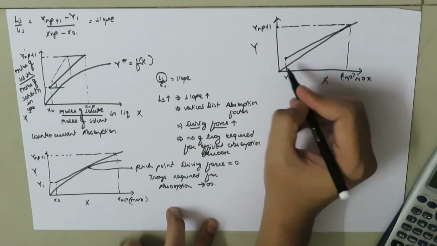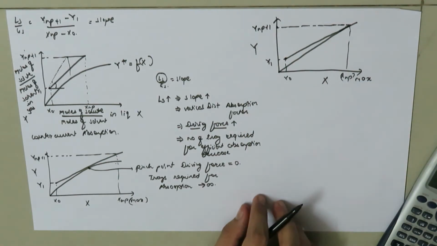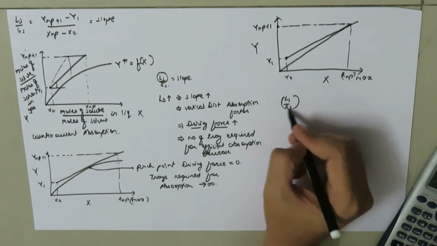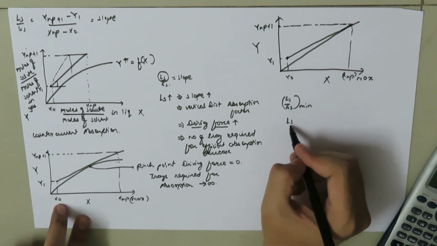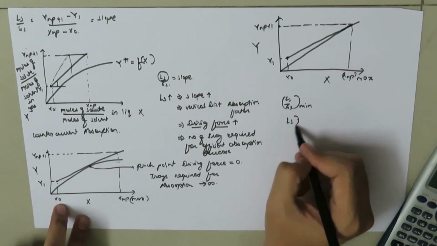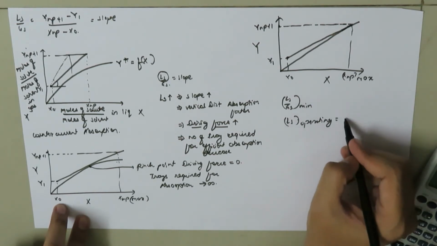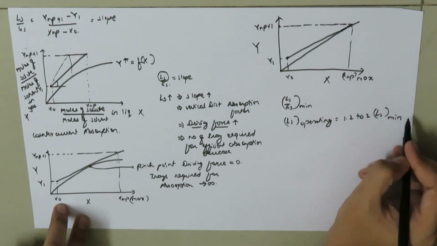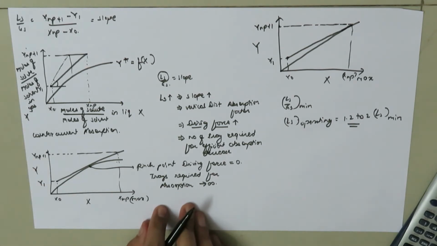This is our X0 and this is our Y1. Once we find the Ls by Gs minimum, then Ls operating is equal to 1.2 to 2 times Ls minimum, and in this manner we can find our Ls operating.